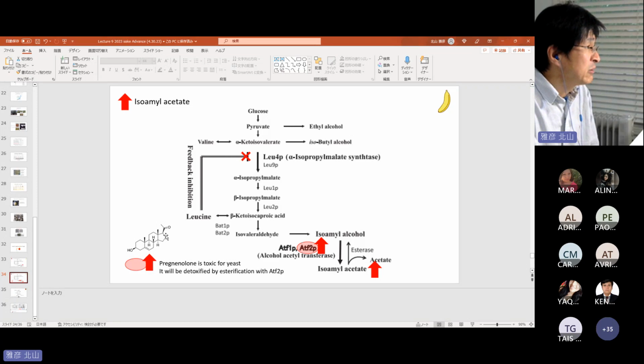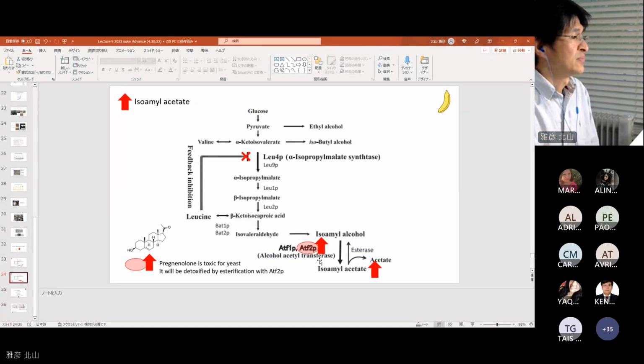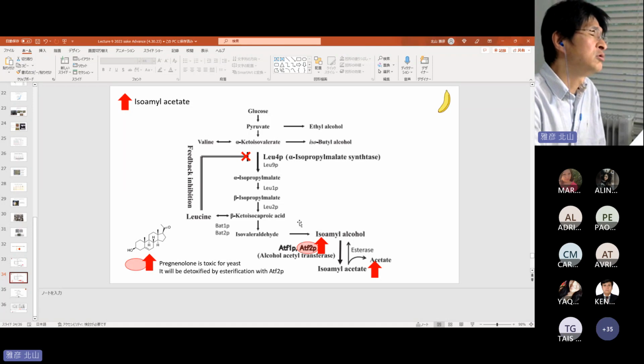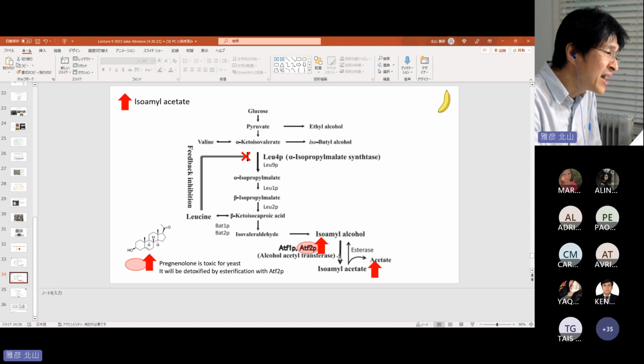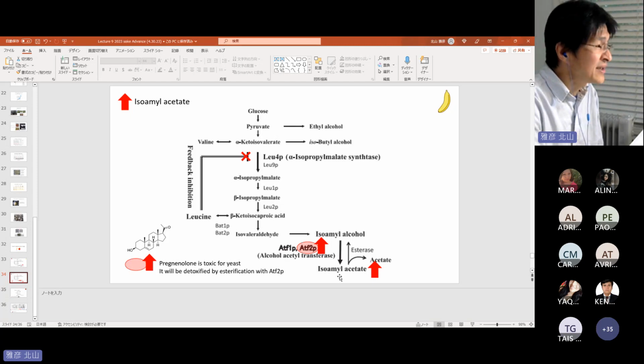But this will be detoxified by the ATF2 gene product enzyme, which is called alcohol acetyltransferase. So they try to screen the yeast strain which produces more enzyme, which converts isoamyl alcohol to isoamyl acetate.